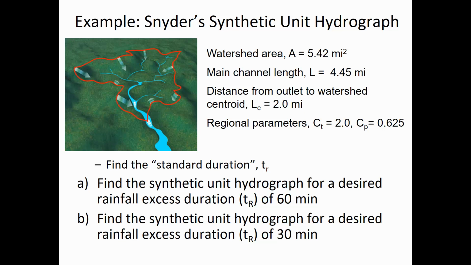So 1 times 2 times 4.45 times 2 to the 0.3 power. So the T sub P is 3.853 hours. And that is the time to peak. So for this particular watershed, that's how long it's going to take until we see the peak flow rate.